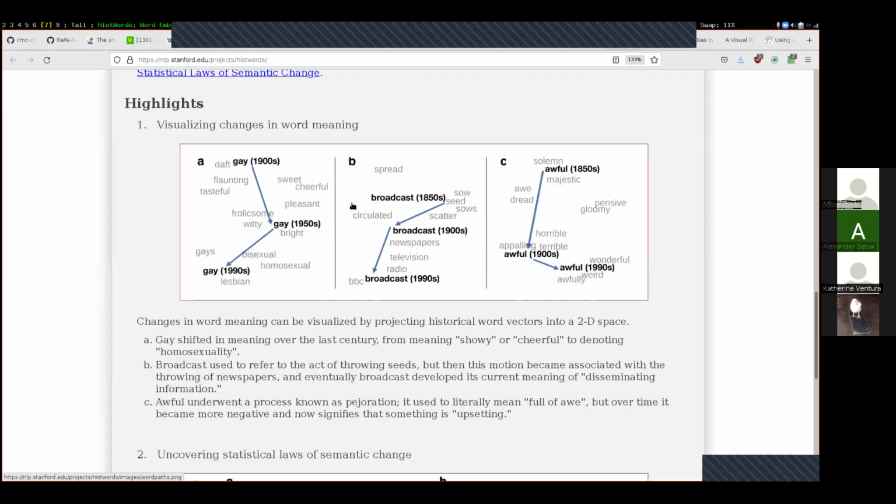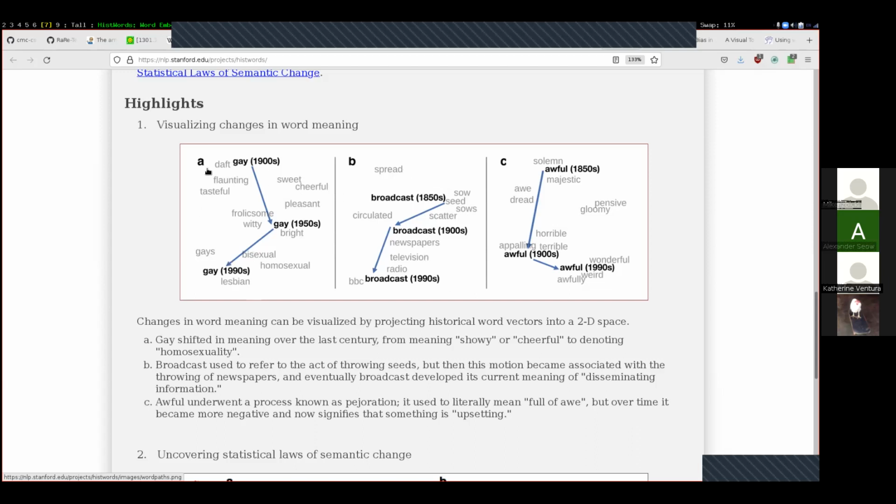If we train on text from the 1900s, and train a different model on the 1950s and another on the 1990s, we can see how the meaning of a word has evolved over time by seeing what words it is similar to.